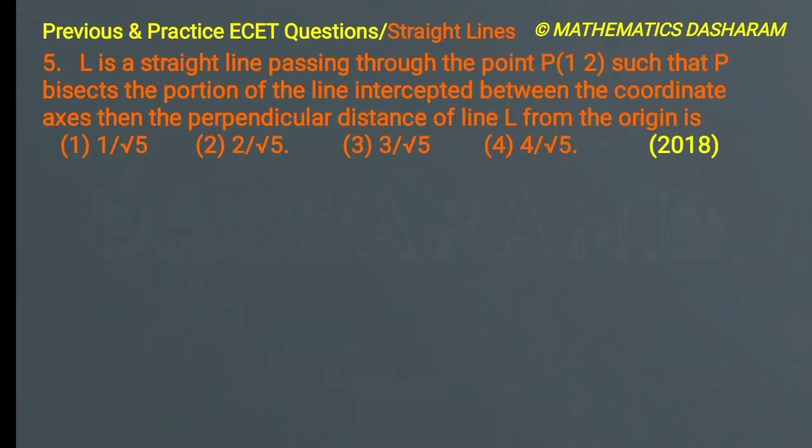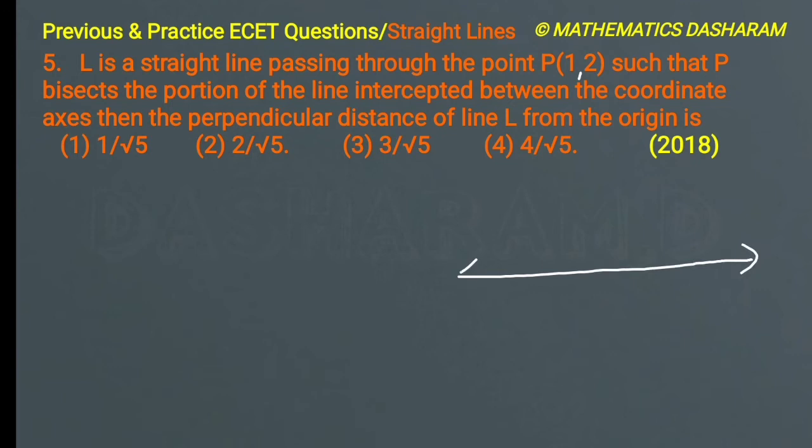Next, the fifth question: L is a straight line passing through the point P (1, 2) such that P bisects the portion of the line intersected between the coordinate axes. Then the perpendicular distance of the line L from the origin is? Let's draw a diagram.